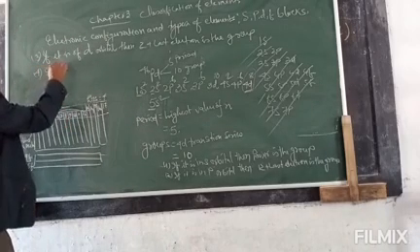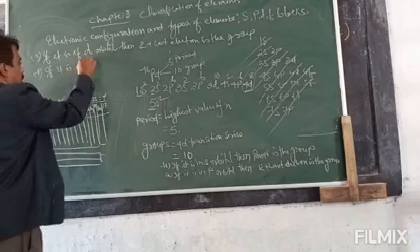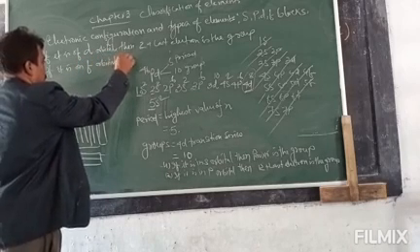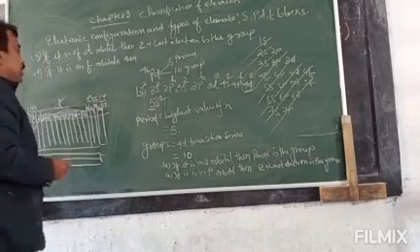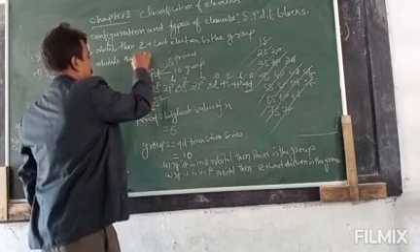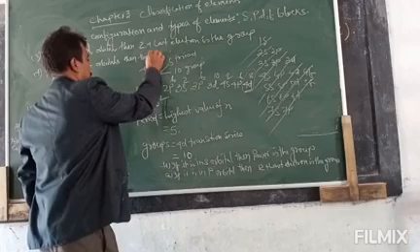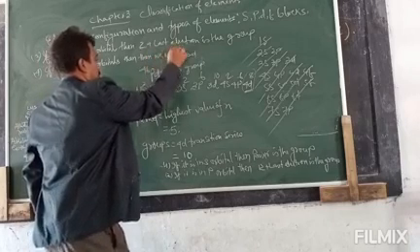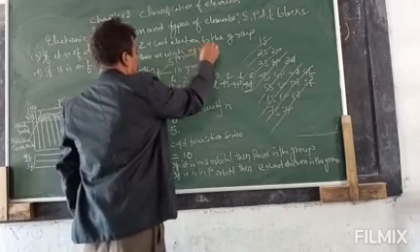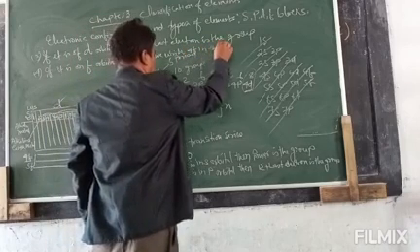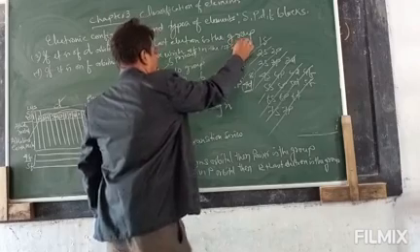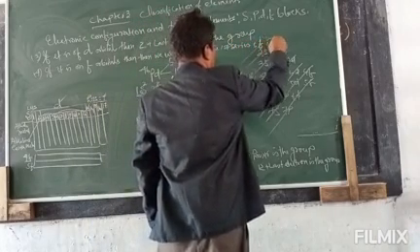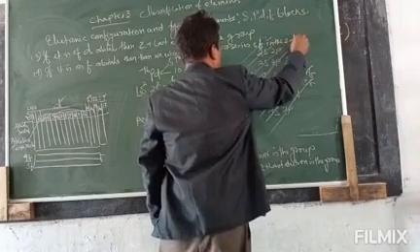Now, if it is in f orbitals, then we write it for 4f in the first series and 5f in the second series.